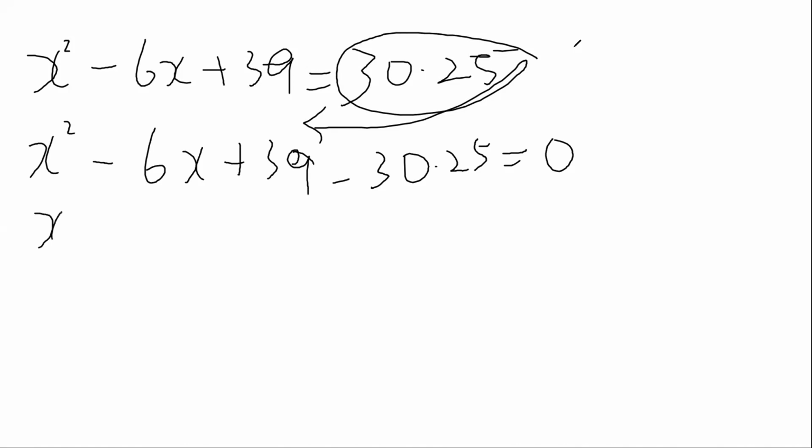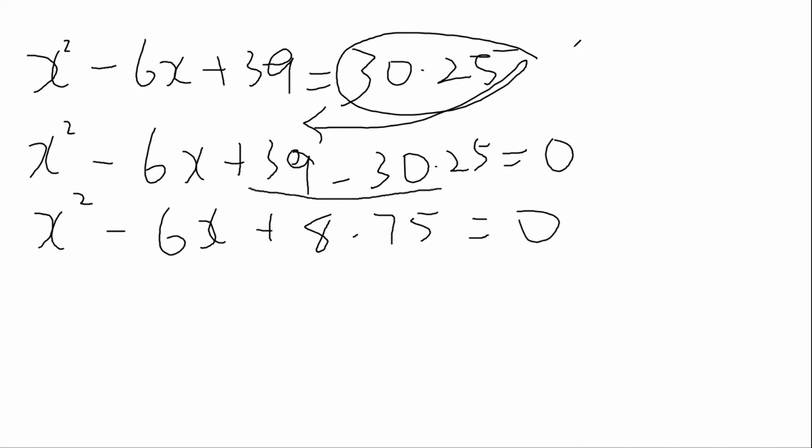So this will give us x squared minus 6x plus 8.75 equal to 0. And I got that 8.75 because 39 take away 30.25 is that.